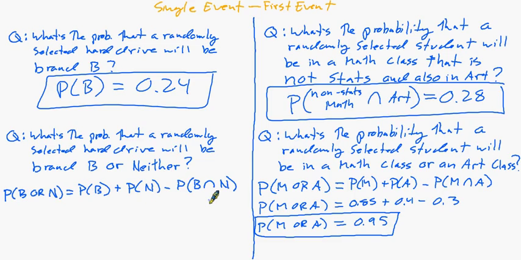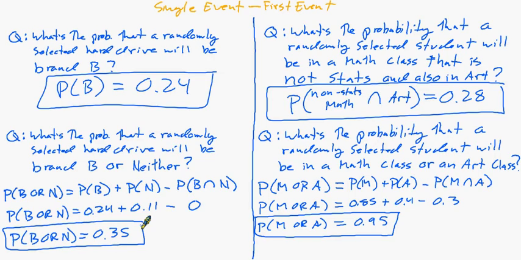Here's this question with the full joint equation. Probability of B plus the probability of neither minus the intersection of B and neither. Well, let's put in the numbers. What is this number? How much do these two intersect? Well, they don't. So really, that's a 0, and that term just drops out. And you get your answer of 35%.